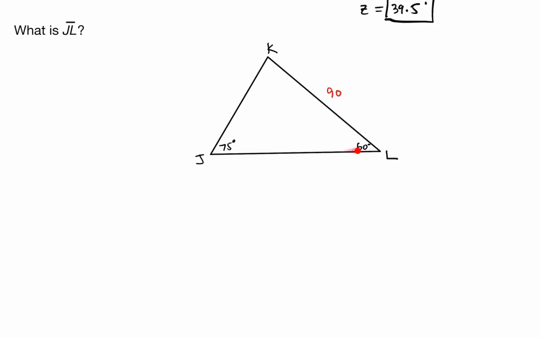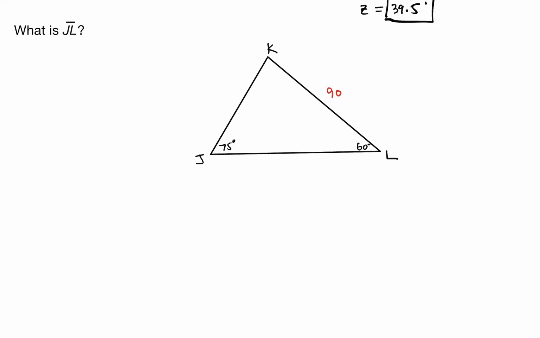In order to get the length of JL using the law of sines, we have to know what this angle is. We can easily solve for this angle because we know that the sum of all three angles in any triangle adds up to 180. So we subtract 75 and 60 from 180.